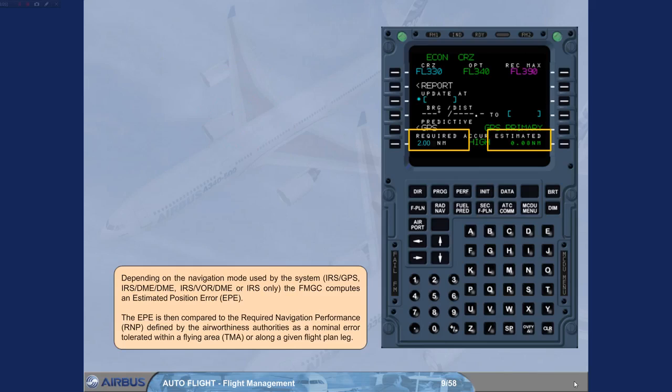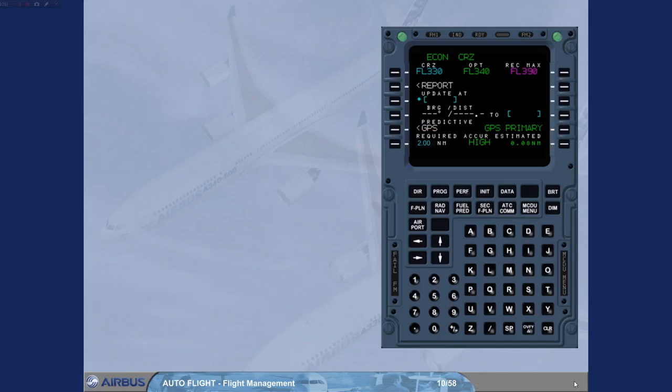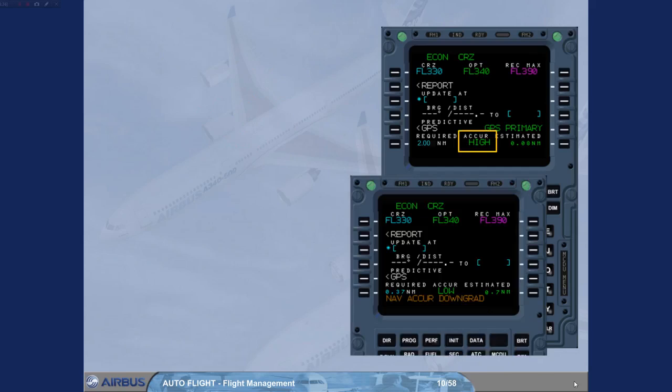The EPE is then compared to the required navigation performance, RNP, defined by the airworthiness authorities, as the nominal error tolerated within a flying area, TMA, or along a given flight plan leg. If the EPE is lower than RNP, accuracy is high. If the EPE is higher than RNP, accuracy is low.